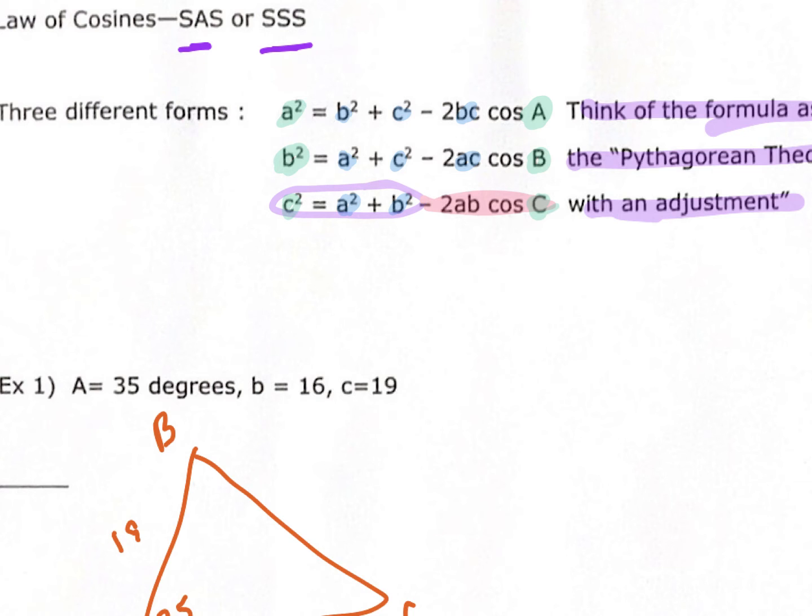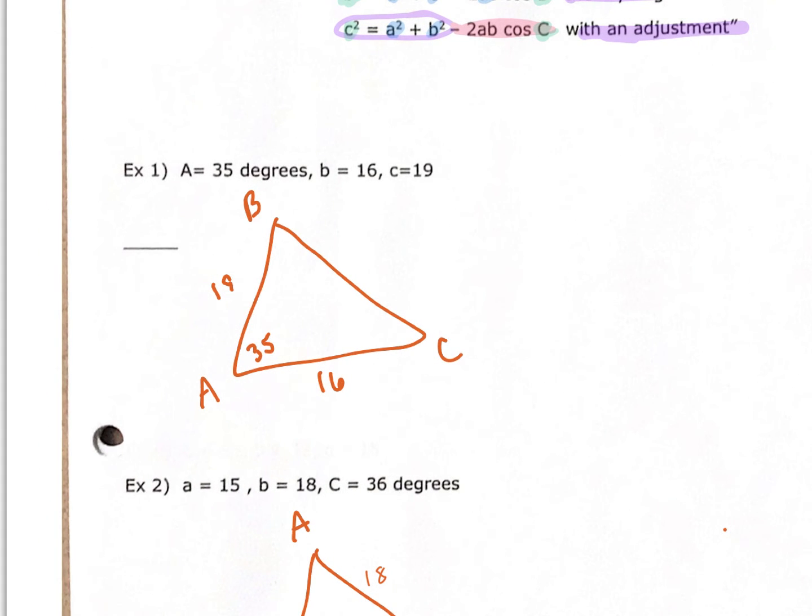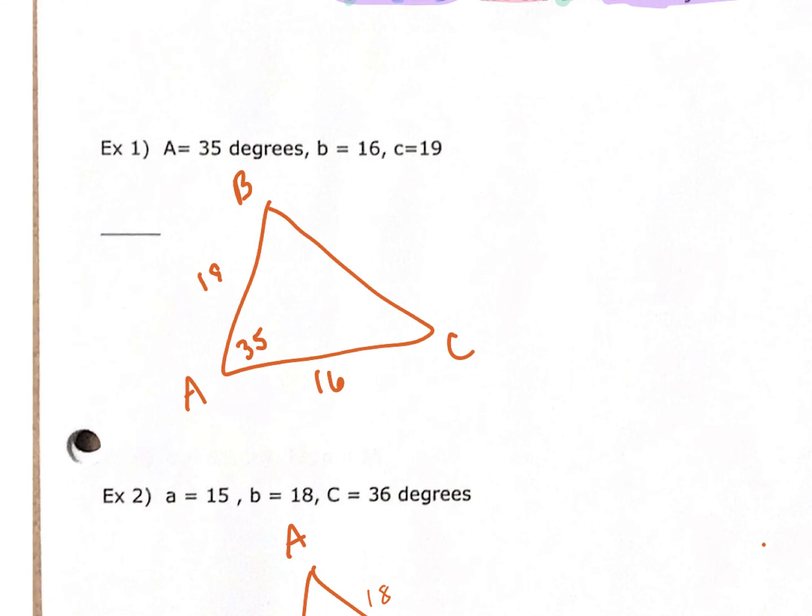All right, so we'll look at a couple of these examples as well. Keep in mind what I said earlier. It doesn't matter when you draw your triangle where you put angle A. Just make sure that you're putting side A opposite angle A and side B opposite angle B and so on. Okay, so this is what we are given for that first example.